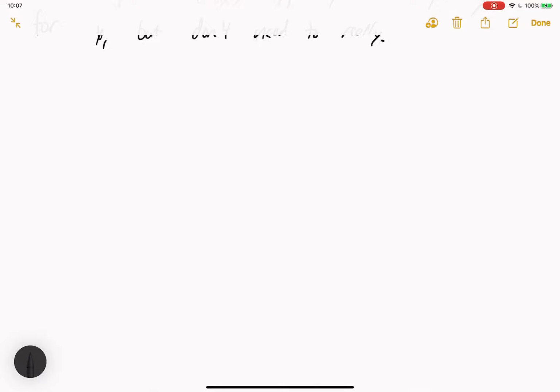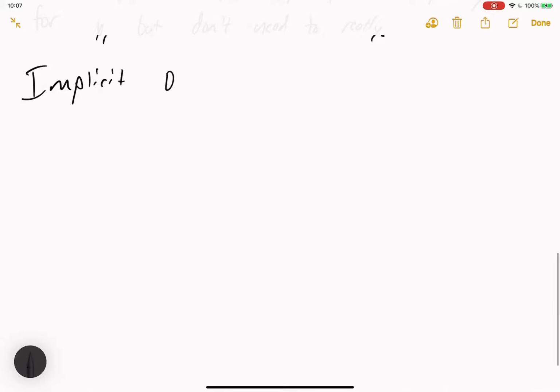But in the case that we're going to be doing here, we get more complicated things. So what we're going to do here is implicit differentiation. And this will be used for implicit formulas, kind of as you'd expect by the name.